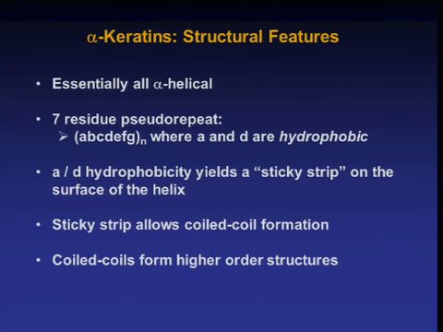In an alpha helix, what did we say regarding the helical turn? How many residues per turn? 3.6. We talked about the helical wheel projection: if you have a hydrophobic residue here, and then you move around another 3, you're going to have another hydrophobic, and it's going to be almost lined up with that first one.